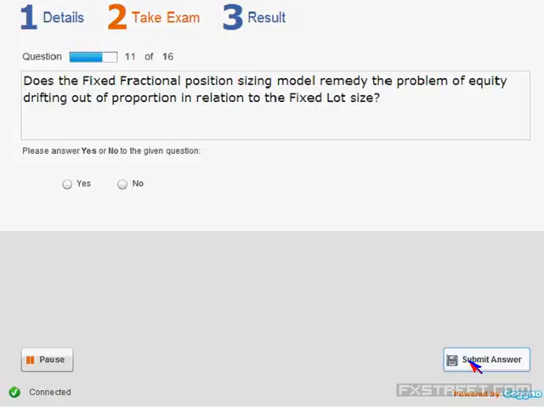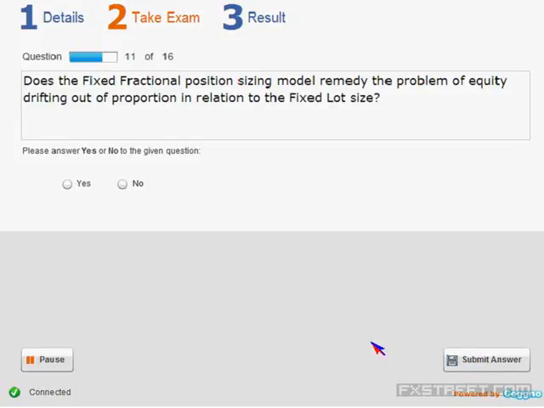That means that each trade size becomes very big in size because you are trading with a fixed percentage or a fixed fraction of a growing equity, of a growing account, and that growth may bring the equity out of proportion.